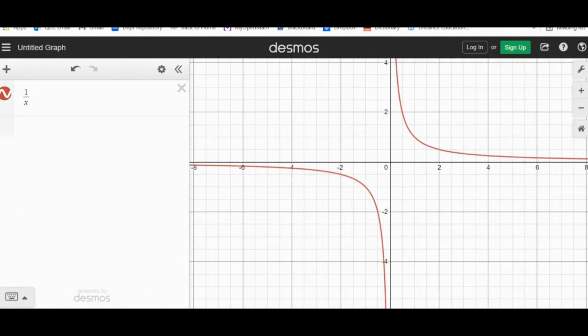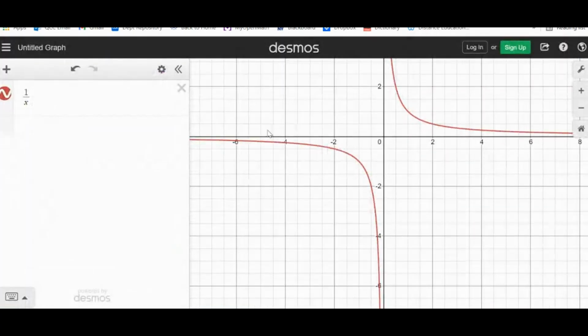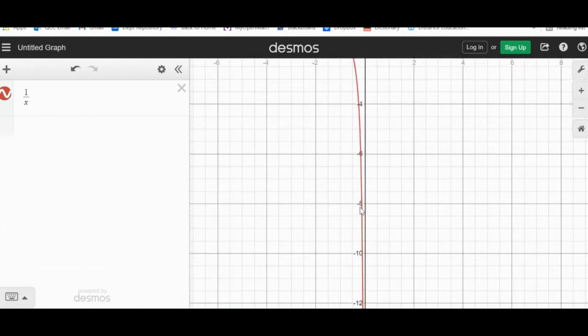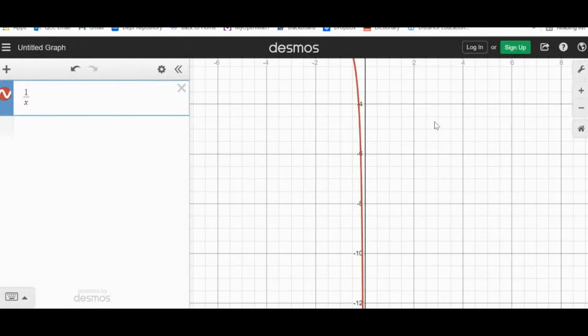However, when you look at numbers that are getting close to 0 from the left side, numbers that are slightly less than 0, like negative 0.1, negative 0.098 and so on, they keep going to negative infinity, so they keep decreasing.